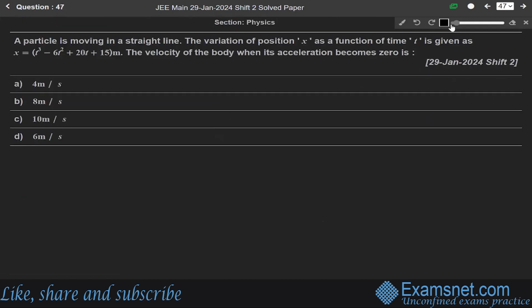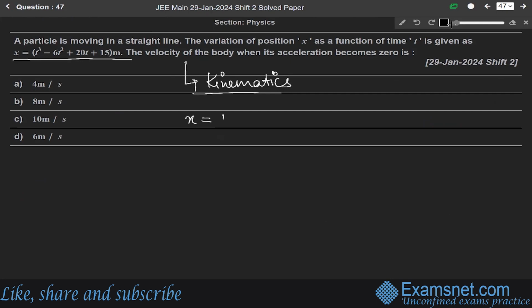Now question 47. A particle is moving in a straight line. The variation of position x as a function of time t is given as this. The velocity of the body when its acceleration becomes 0 will be. So this question is from kinematics. We are given the position which is a function of time, and we have to find the velocity when the acceleration becomes 0.